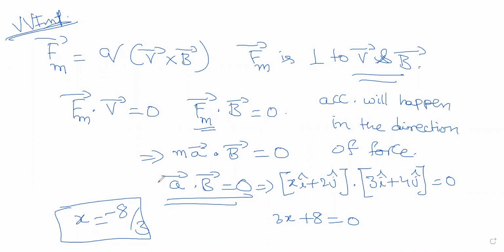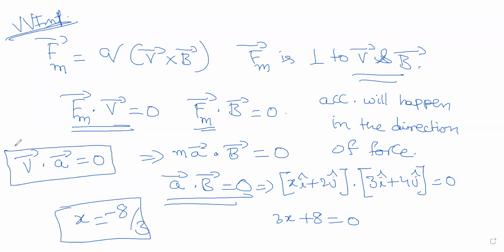And you have a bar dot b bar is 0 and v bar dot a bar is also 0. Both these statements are really important.